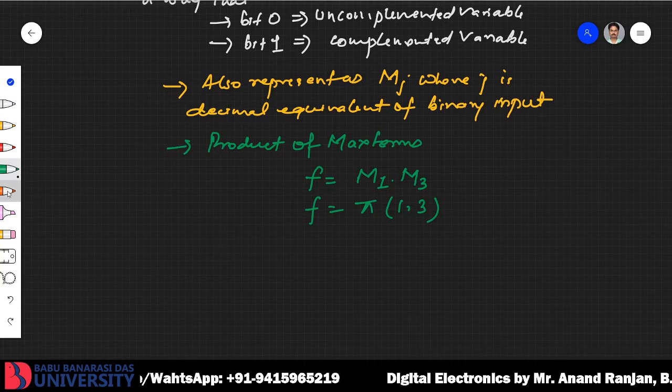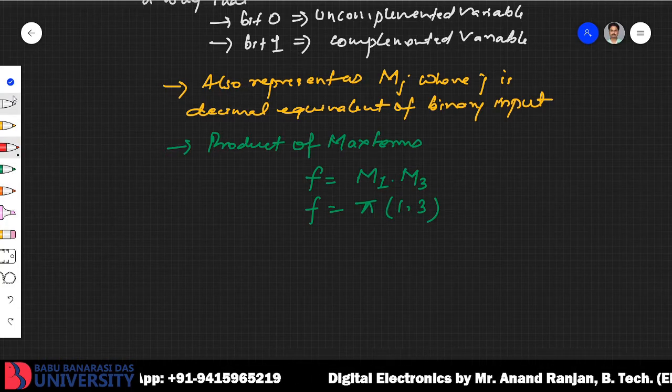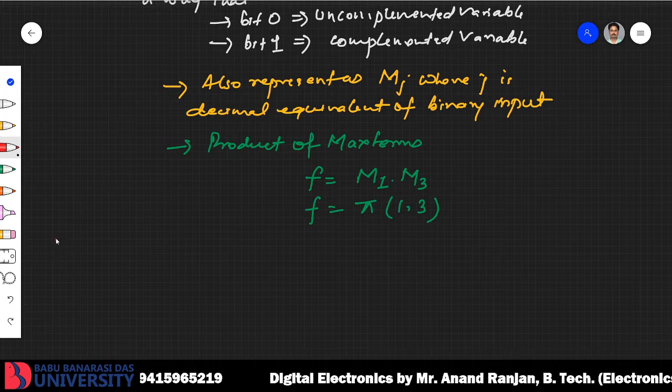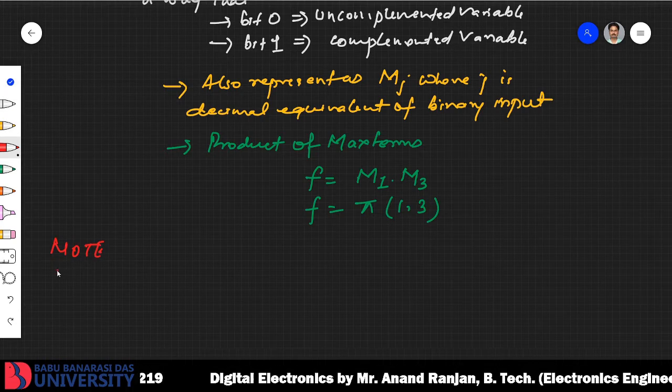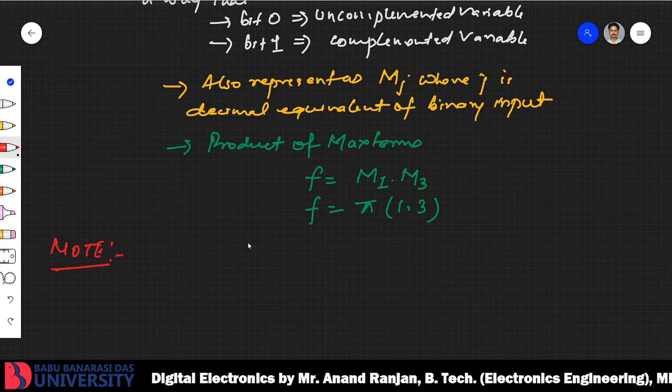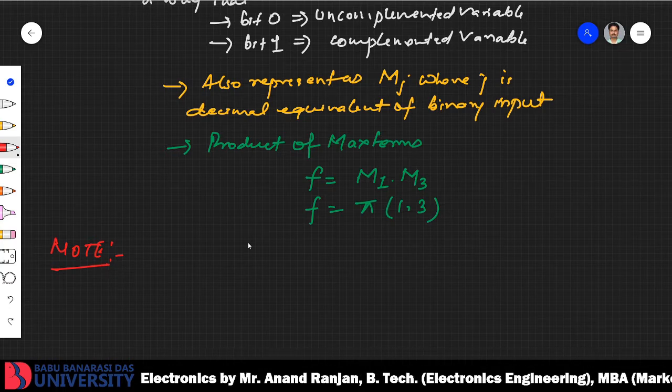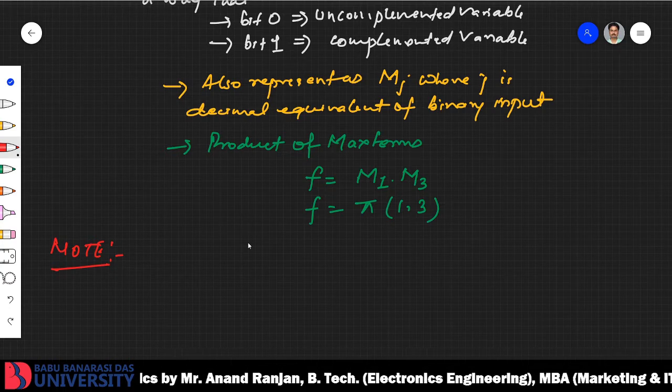So let us again take an important note, which will give you the idea of the difference between the sum of product and product of max term.